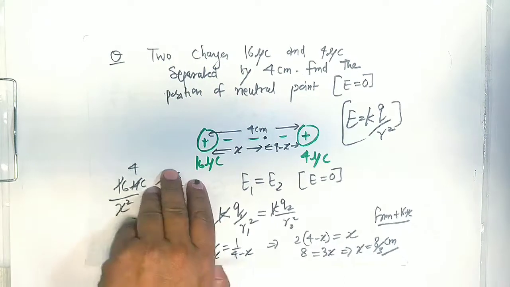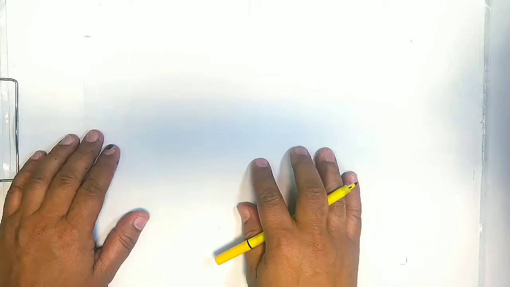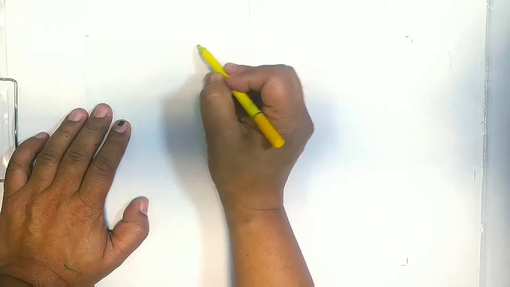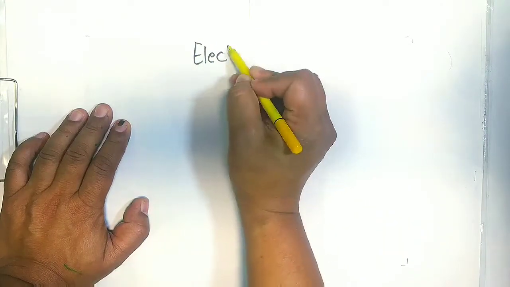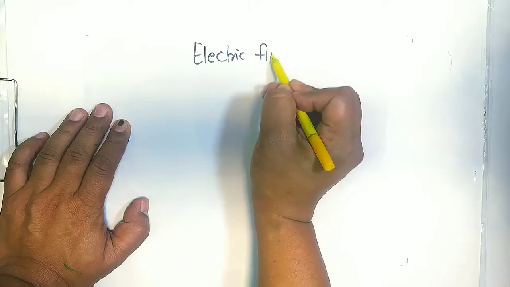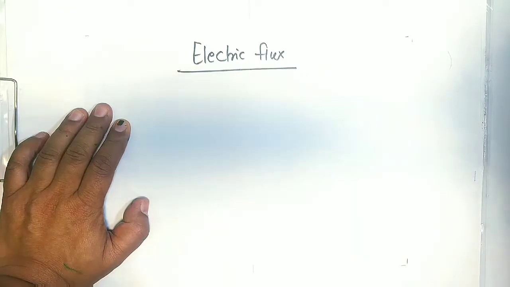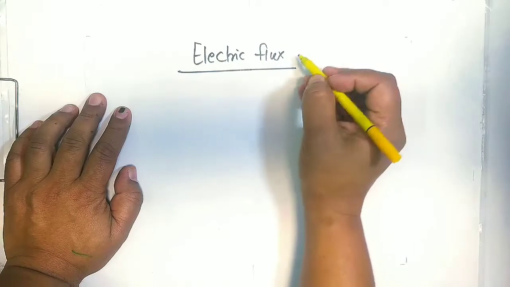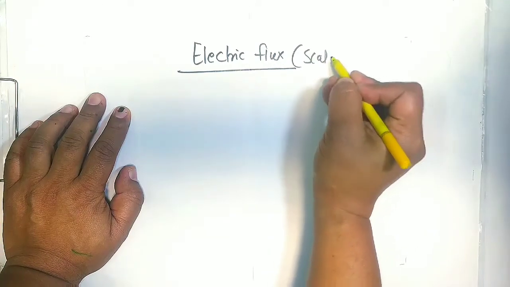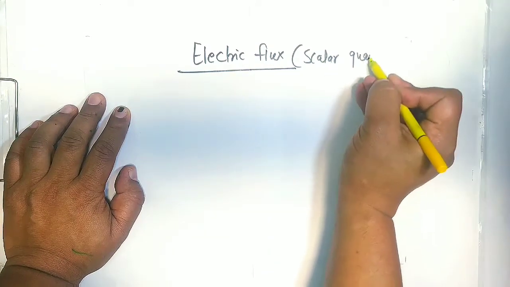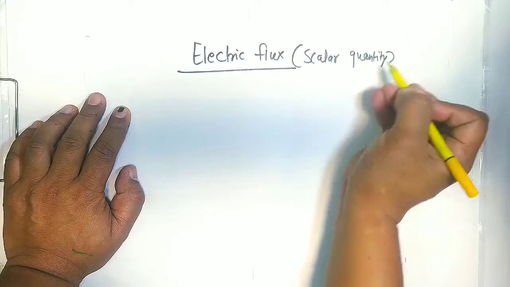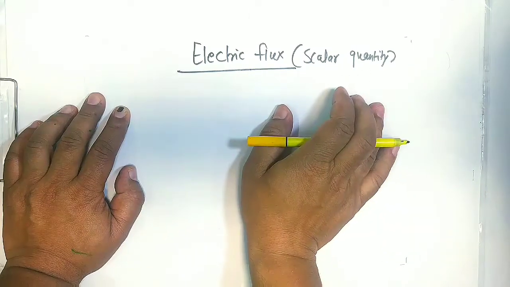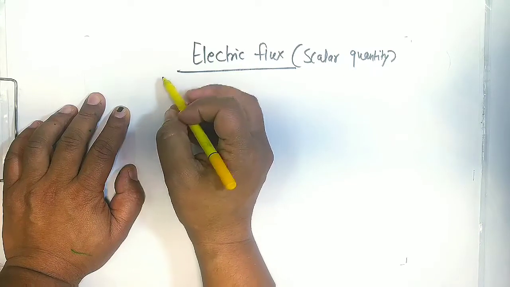Now there's a word, electric flux. After electric field we have electric flux. Now how do we define electric flux? You know magnetic flux, electric flux. Electric flux is basically a scalar quantity. If you see the lines passing through a cross-sectional area, how do you define it?